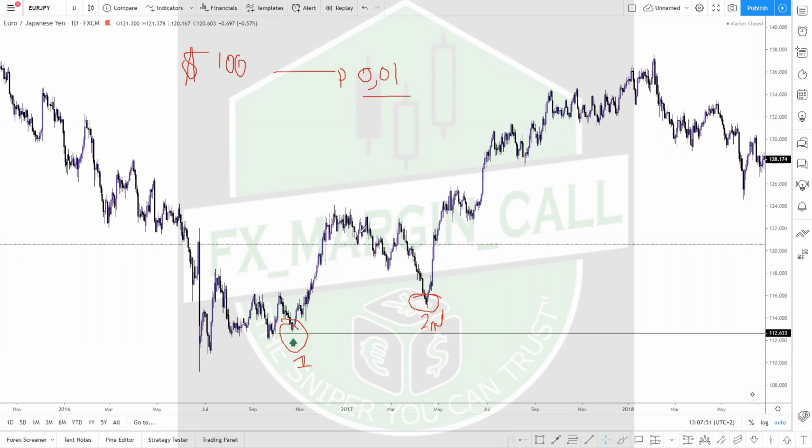Once you start building up momentum, that's when you start thinking about increasing lot size, because you'll be placing your second trade at a higher leverage than the first one, at a higher position, at a higher price. You see? Let's say this is your first trade and this is your second trade.